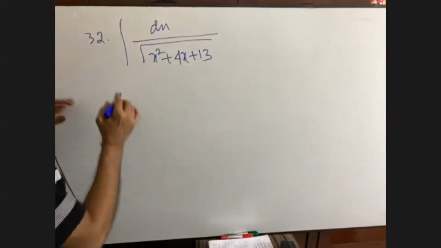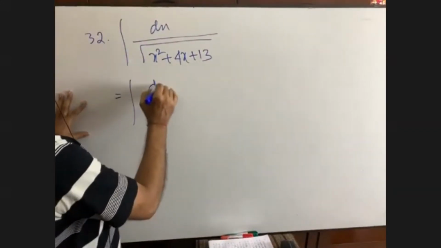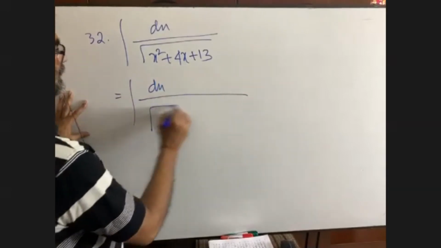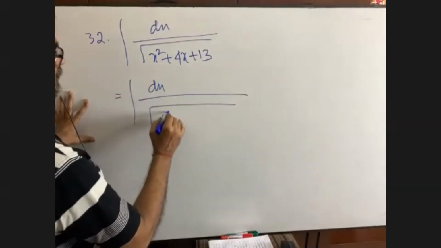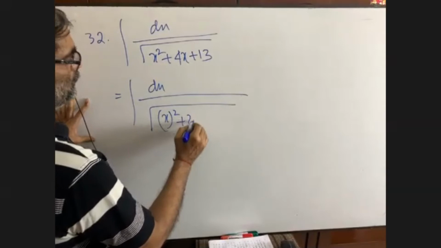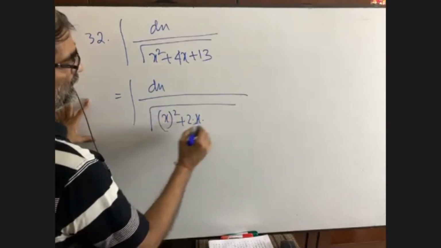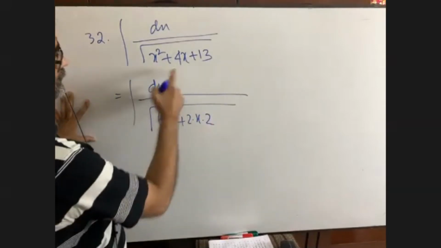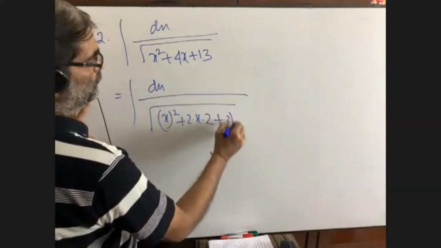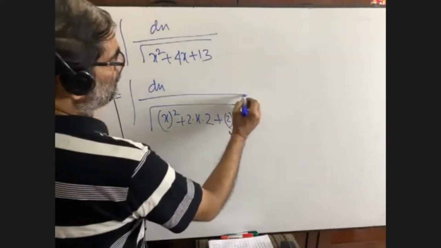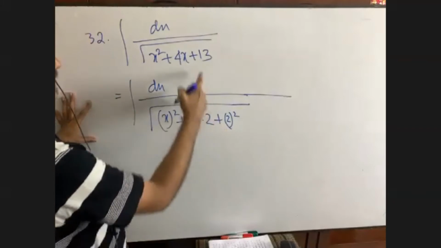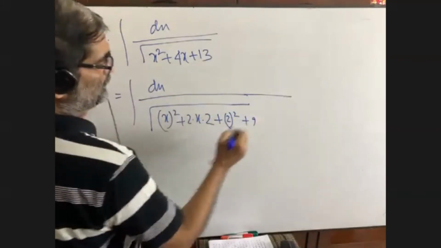You see, all of you, please pay attention. It is dx by, this is what? a square plus 2a. What do we need here? We need 2 to the 4x. That is plus 2. So 2 square 4, it is 13, so it is 9.